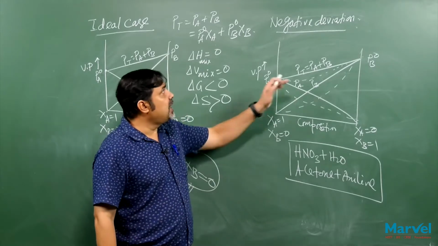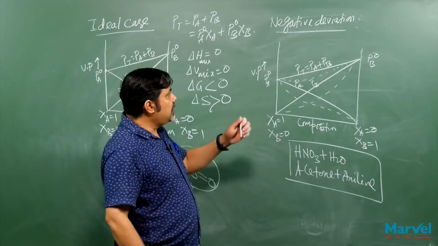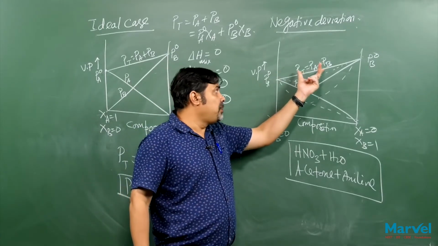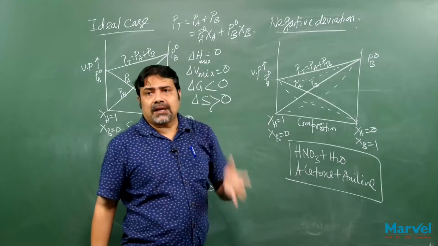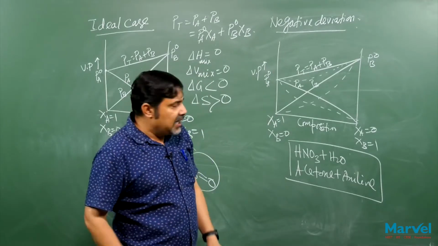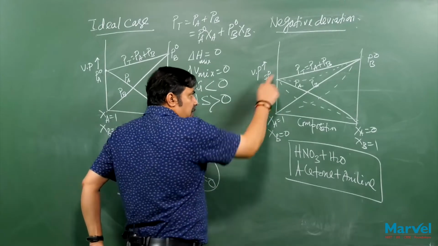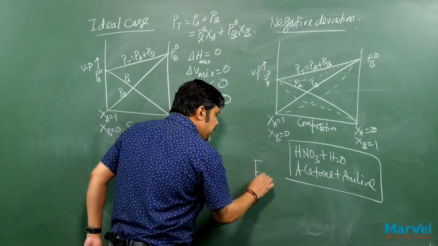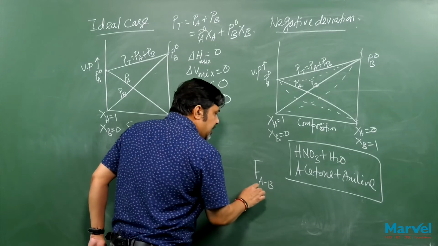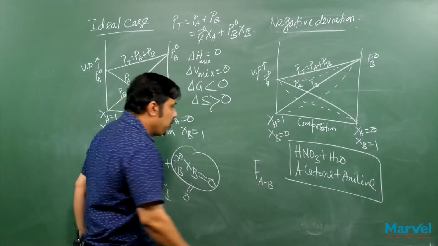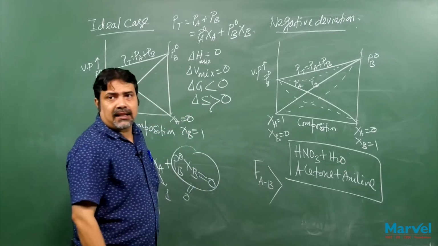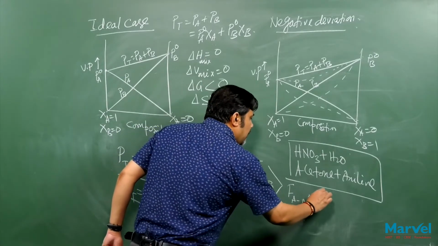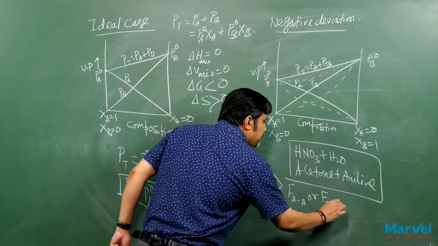Now this is the mixture of liquids that show the negative deviation. That means the vapor pressure of the mixture will be lesser compared to the ideal scenario of Raoult's law. Why is this happening? If the vapor pressure is less, it means the force of attraction between A and B, the two different types of molecules, is much greater than the force of attraction between AA or between BB.